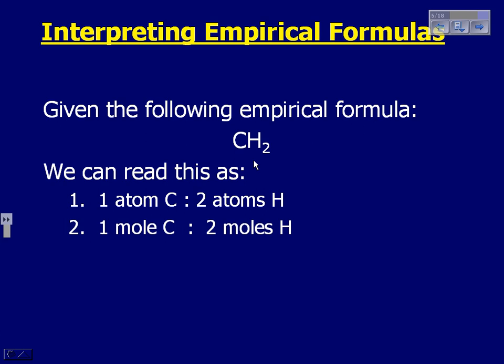And so we can think of it in terms of moles. So if I can take some numbers like a percentage and I can figure out how many moles of each of the elements are within that compound, then I'm on my way to getting the empirical formula.